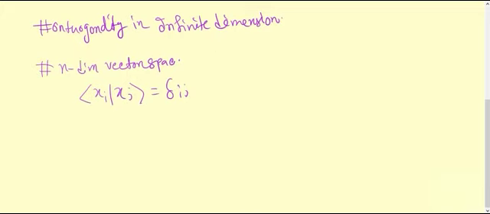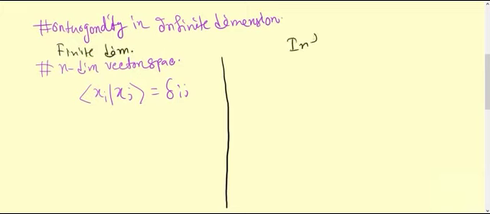So let's just put a barrier over here, and I'll write the infinite dimensional counterparts over here. So this is the finite dimension, and this will be our infinite dimensions, right?